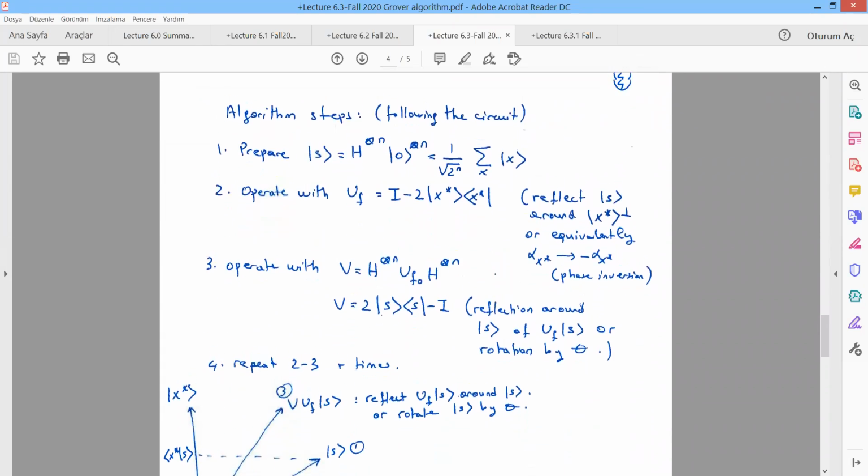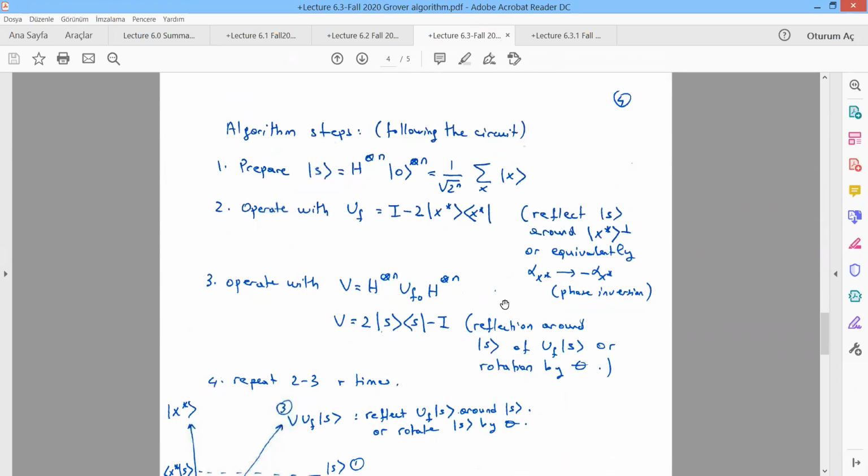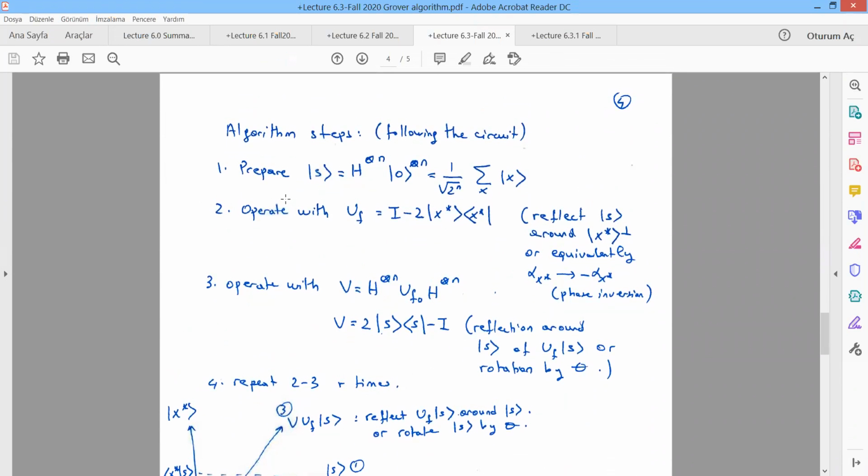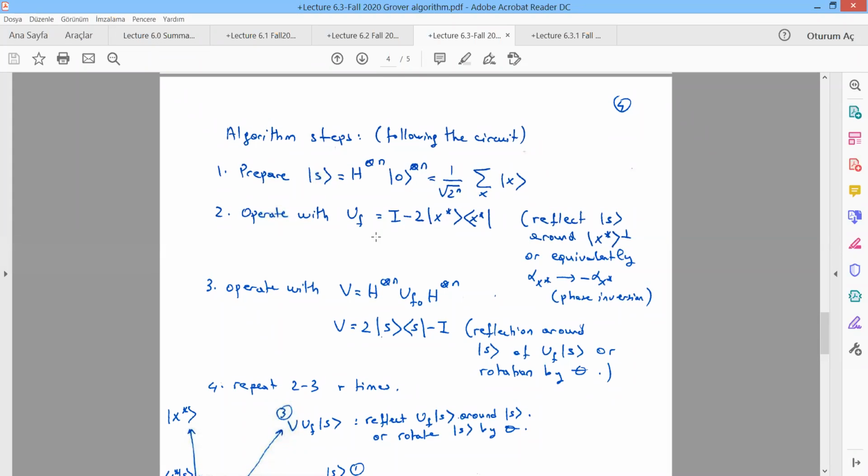Now let's follow the steps of the algorithm, given these definitions, once more. Following the circuit, we apply the Hadamard on the |0⟩ state, and we obtain the |s⟩ state, which was this. Now we operate with the U_f operator, the inversion around the mean, which was I minus 2|x*⟩⟨x*|.